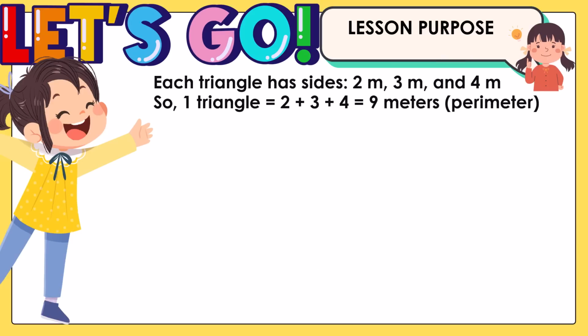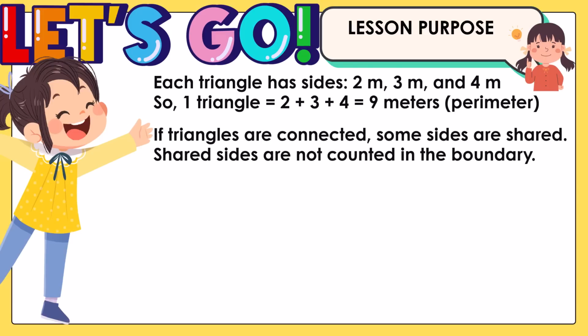Each triangle has sides, 2 meters, 3 meters, and 4 meters. So, one triangle is equal to 2 plus 3 plus 4 is equal to 9 meters. That is the perimeter. If triangles are connected, some sides are shared. Shared sides are not counted in the boundary.